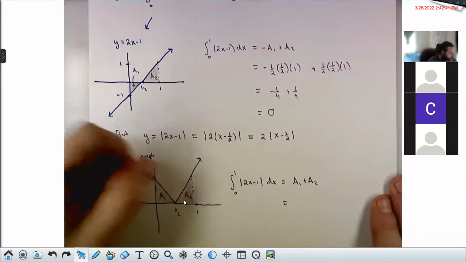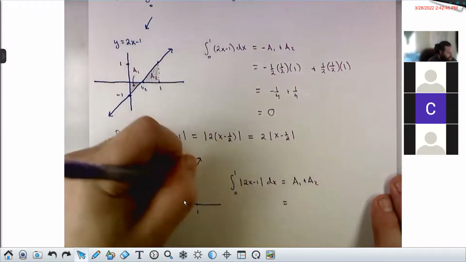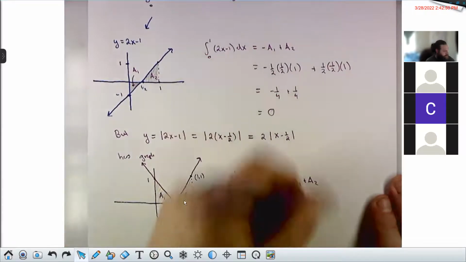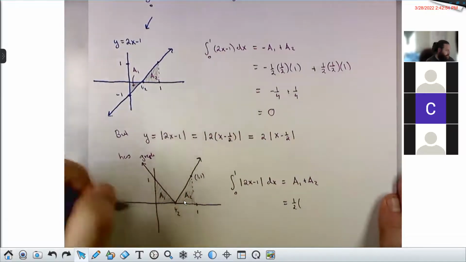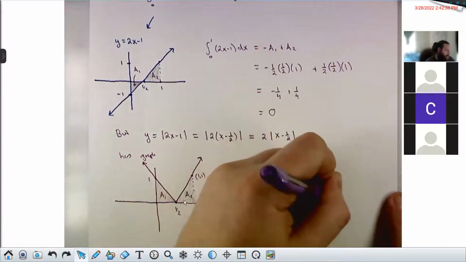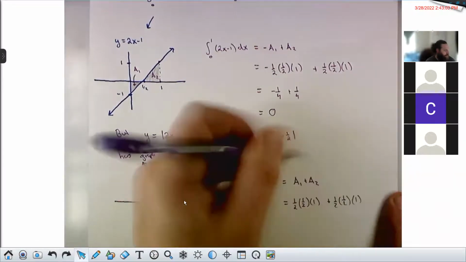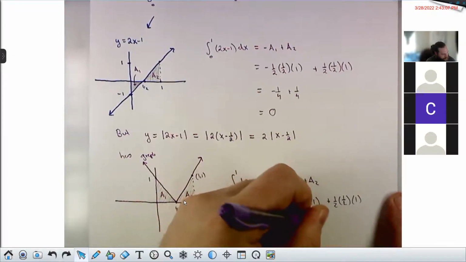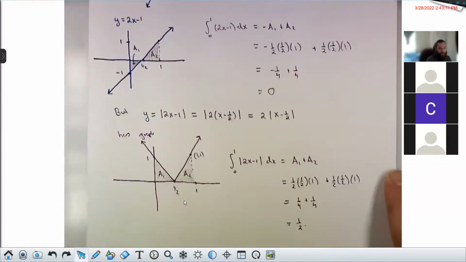Right? If you plug in 0 here, then you get height 1. If you plug in 1 over here, you also get height 1. So this is 1/2 times the base, which is 1/2, times the height, which is 1, plus 1/2 times the base, which is 1/2, times the height, which is 1. You get 1/4 plus 1/4, which is not 0, it is positive 1/2.